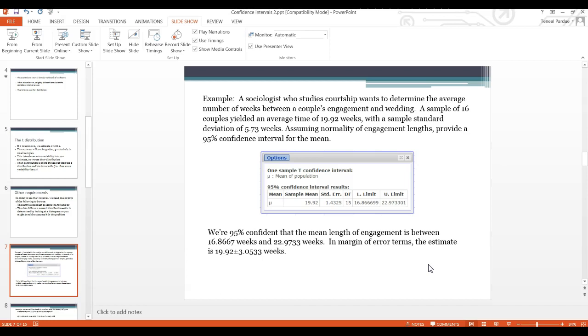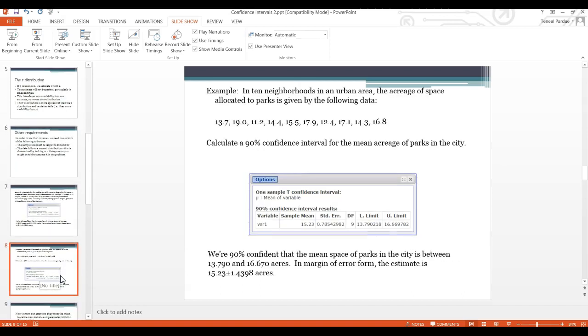And if we want to write it in margin of error notation, we'd put the sample mean, 19.92, plus or minus the margin of error, which again we're getting based on the upper confidence limit minus the sample mean. All right, so that's our first example of the t-interval.